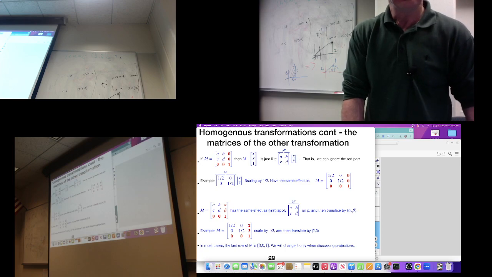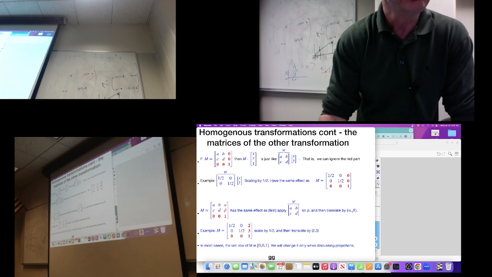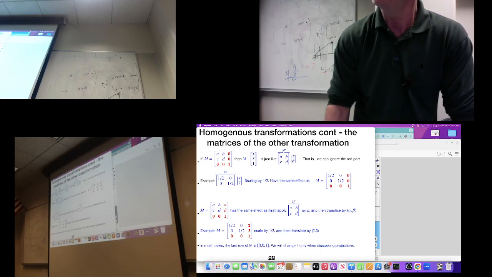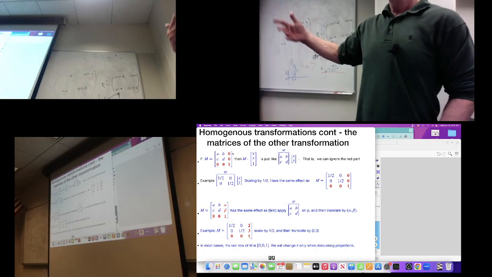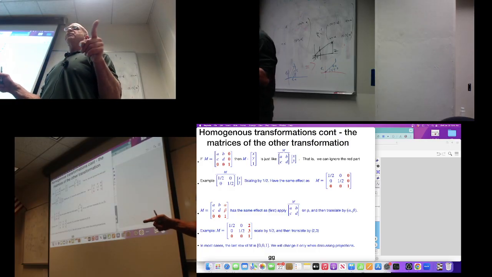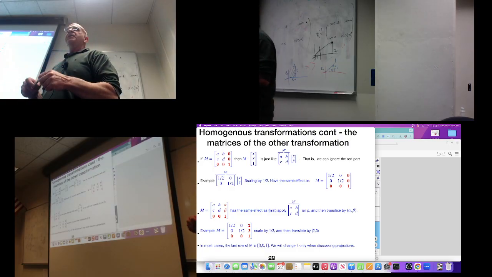So if M is A, B, C, D, and 0, 0 all over the place, then M times XY is just like ignoring this row and column beforehand. So we had most transformations, excluding the translation, all the other transformations that we saw, we could express as simple 2 by 2 matrices.